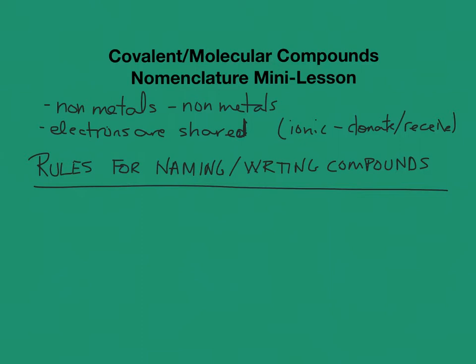Number one, the first rule is don't follow ionic rules. Which means, if you looked at my previous lessons, in the ionic, the pluses had to equal the minuses. Don't follow this. It won't work when you do covalent compounds.